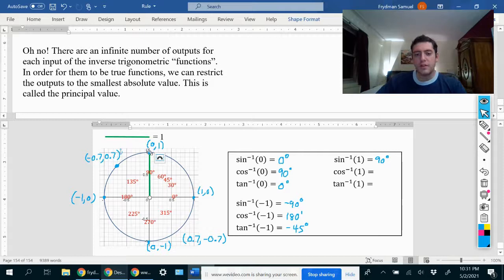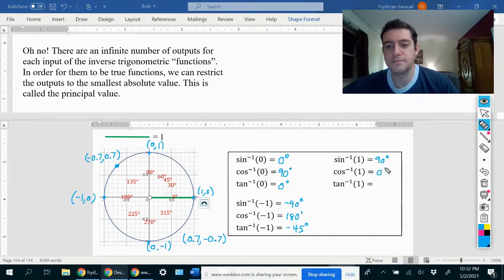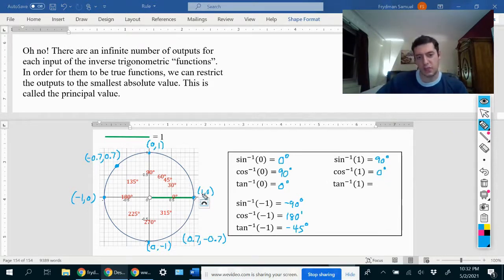Let's see, what angle has a cosine of 1? That would be 0 degrees. Okay, because the x value is 1. When we're talking about sine, we're talking about the y value. When we have cosine, we're talking about the x value.